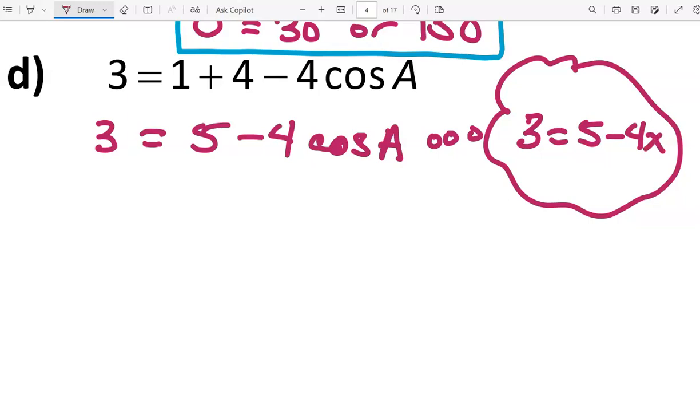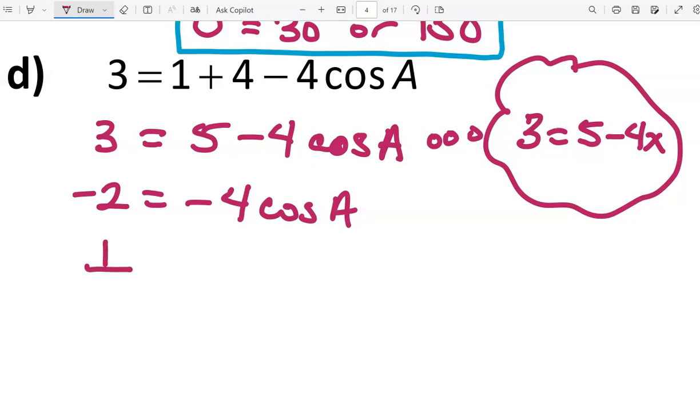We would start solving that equation by subtracting 5, so that's what we're going to do here. 3 minus 5 is negative 2, equals negative 4 times the cosine of angle A. Now we need to divide by negative 4, and negative 2 over negative 4 is 1/2. So now cosine of angle A is 1/2.